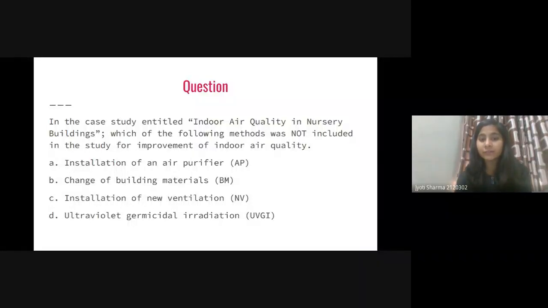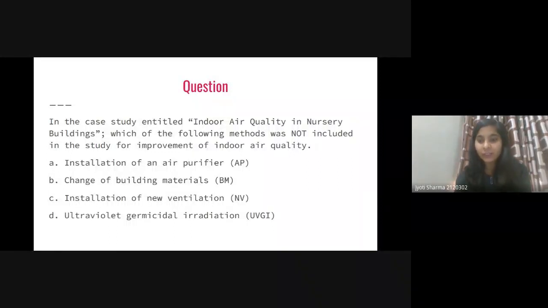Which of the following methods was not included in the study for improvement of indoor air quality? The options are: installation of an air purifier, change of building material, installation of new ventilation, and ultraviolet germicidal irradiation. So what do you think? What should be the answer?